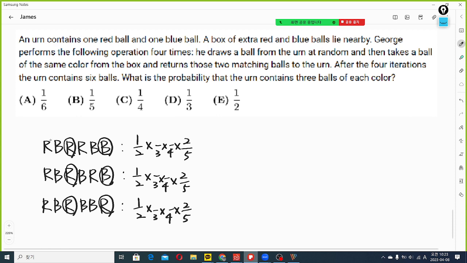So for another red ball, for the first case, the second probability is 2, and for the second red ball, the probability is 1/4.